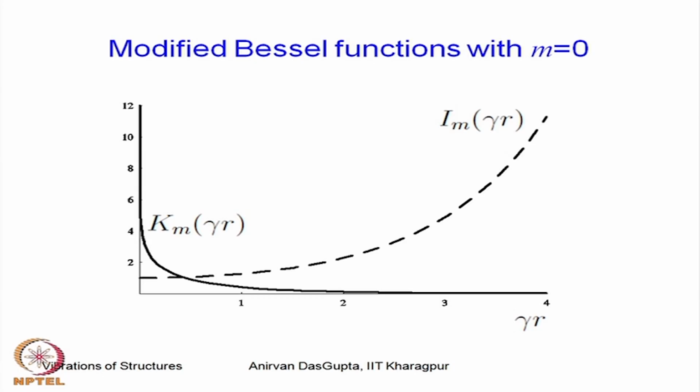This figure shows the modified Bessel functions for m equal to 0. So, this is K 0, this is I 0. You can see that this K 0 and all modified Bessel functions of the second kind have a singularity again at argument 0. And I is this dashed curve.